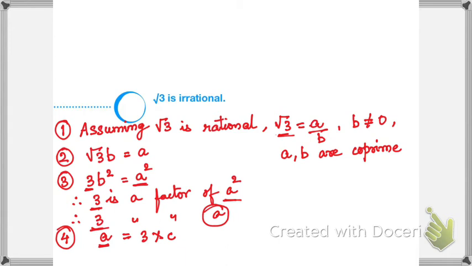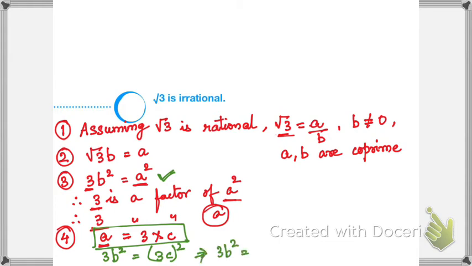Now this a is equals to 3c, we are substituting it in this equation, so what you will get is 3b square is equals to 3c whole square. That will give you the result as 3b square will be equals to 9c square.